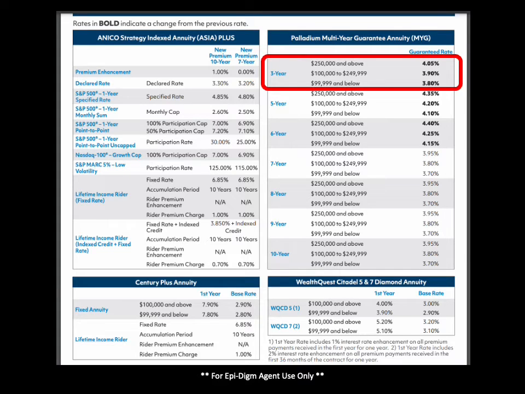If your client is interested in doing 5 years, it's 4.35, 4.2, and 4.1 accordingly. Okay, that's the interest rate.